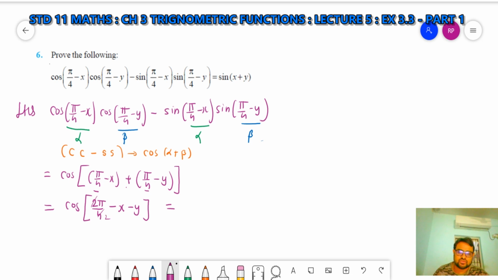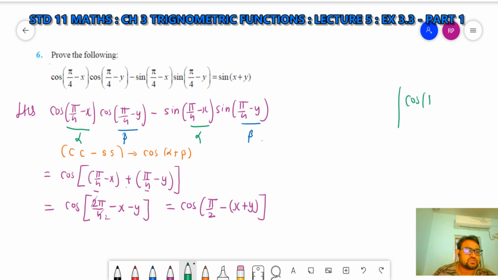2 ones are 2, 2 twos are 4. So this will be equal to cos(pi/2 - (x + y)), when I take minus common. Now see, what is the formula for cos(pi/2 - theta)? Pi/2 shift, that is 90 degrees, minus, it's in the first quadrant, as it is pi/2, I need to change it to sine.